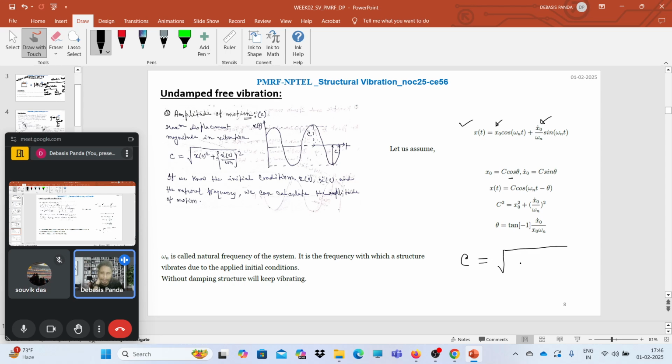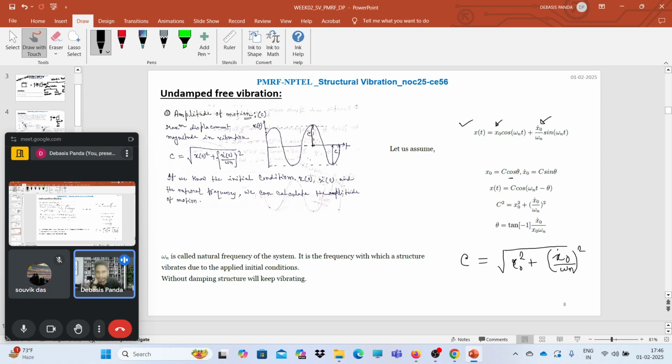That means a and b we have already found out: x naught, the initial displacement, squared, plus the initial velocity divided by omega n, squared. So this c is nothing but the amplitude of the motion.